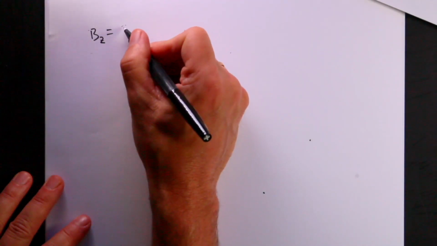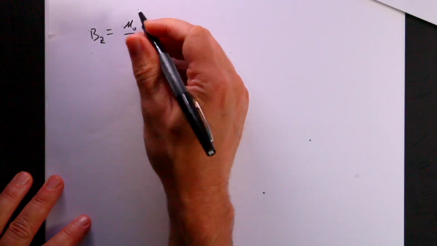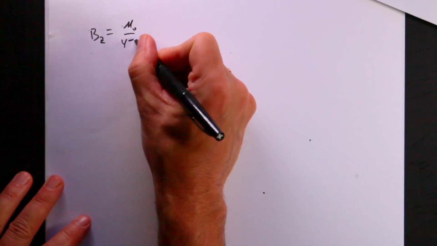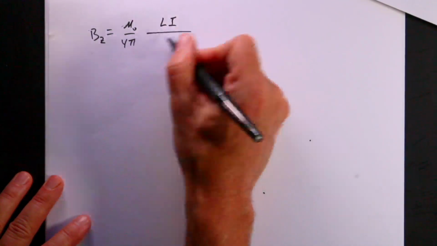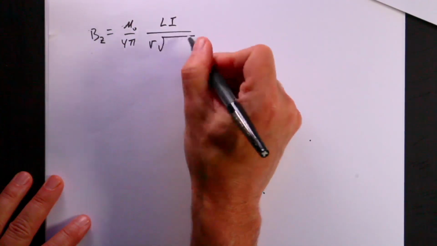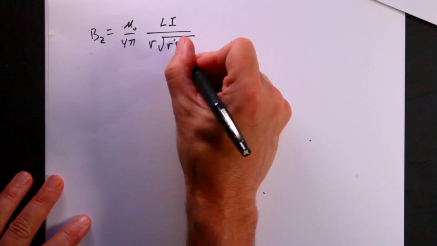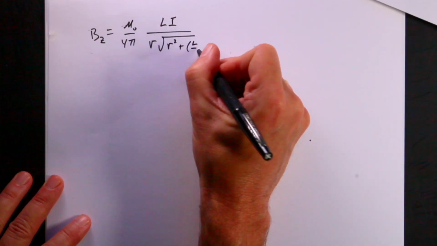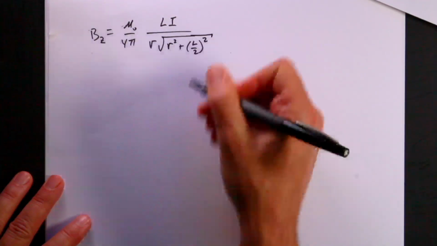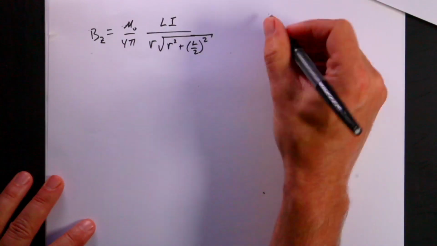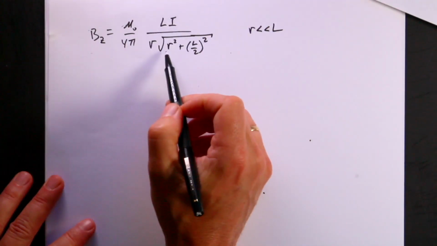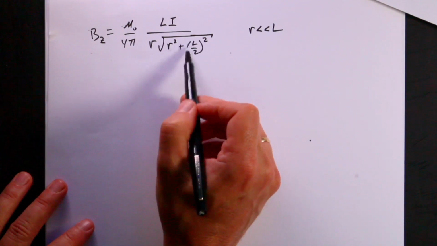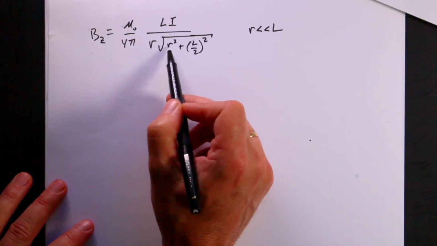So it's mu naught over 4 pi, and then I have L I over r, the square root of r squared plus (L over 2) quantity squared. Now, if r is much less than L, then on the bottom, this term is going to be very, very large compared to that.